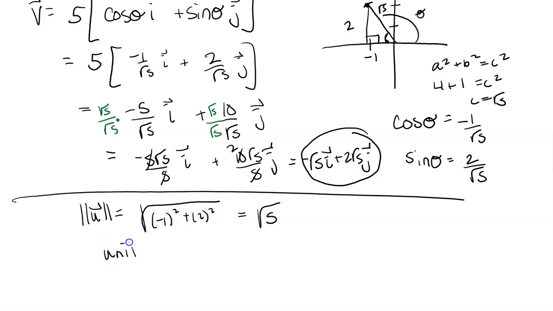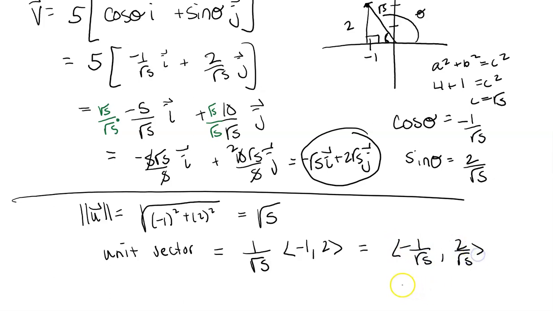The unit vector would be 1 over the square root of 5 times the vector ⟨-1, 2⟩, which is ⟨-1 over √5, 2 over √5⟩. And then, of course, rationalizing, you would get -√5 over 5 and 2√5 over 5.